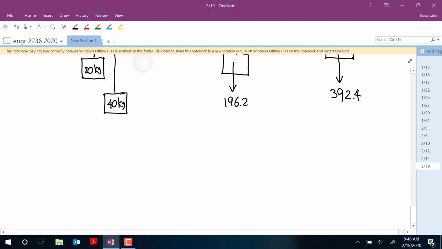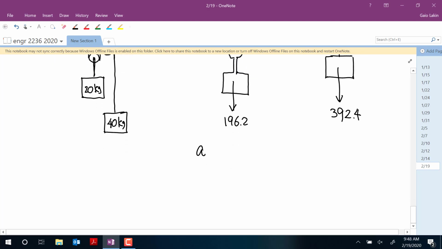So the acceleration of the 20 is negative 0.5 times A40.